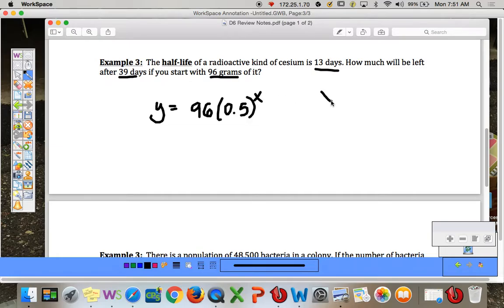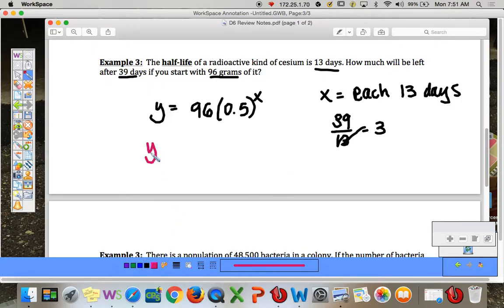And we'll say x is each 13 days. Okay, so if it's 39 days, we have to take 39 divided by 13, which would be 3. So it's been 3 sets of 13 days. So when we plug in, it's going to be 96 times 0.5 to the third power.